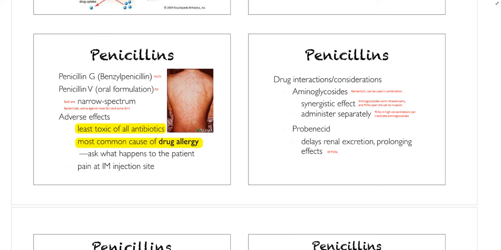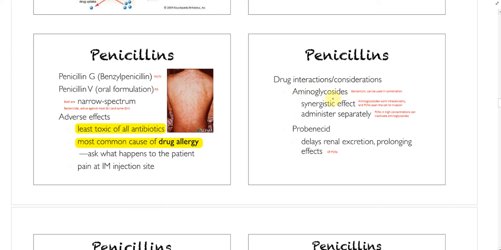Do you just get a little bit itchy, a mild inconvenience, or are you going straight towards anaphylactic reaction and shock? Sometimes we can also get pain at the IM injection site.